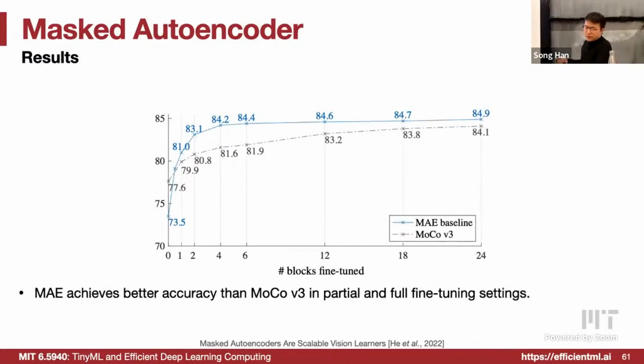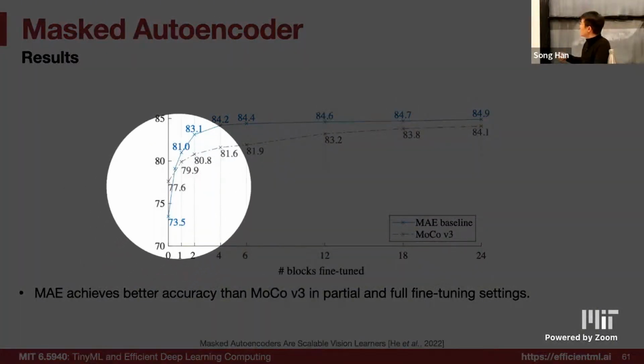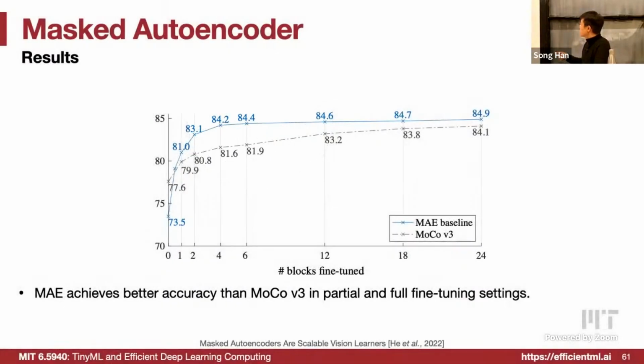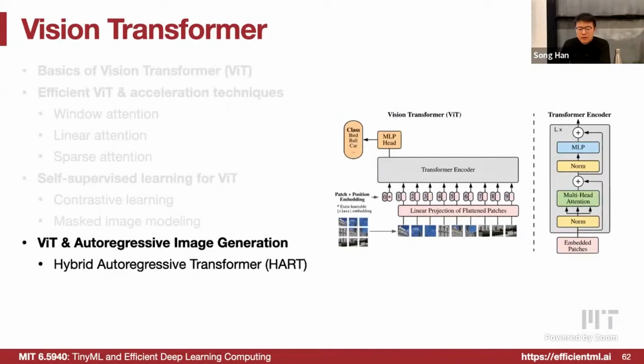This is comparing the accuracy. Actually, the masked autoencoder works quite well, with consistently higher accuracy than the baseline.